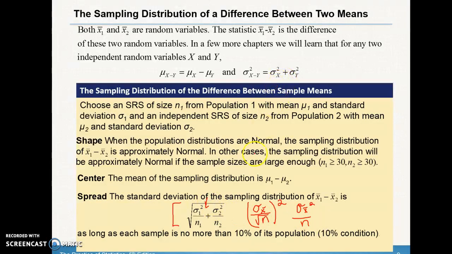Now, if I am finding the difference between our standard deviations, once again, you always add the variances. This is your variance of your population 1. Then I need the variance of population 2, which I'm going to do the same thing. And then just remember that each sample is no more than 10% of the population, so you have to do your independence. The population is 10 times the sample size for both.